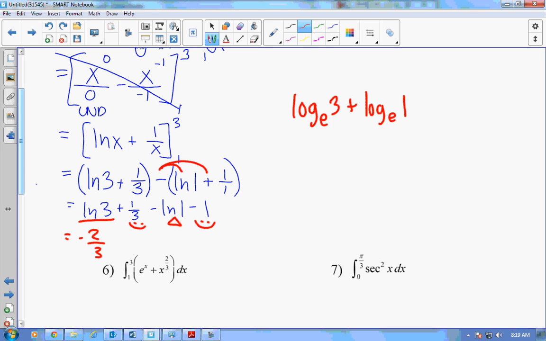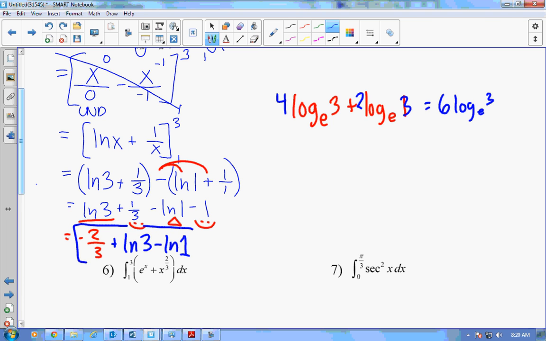If they were both 3 and they had like numbers out front, 4 and 2, then we could add them to get 6 log base e of 3. So their parts have to match. So no, they're not like terms. Plus natural log 3 minus natural log 1.